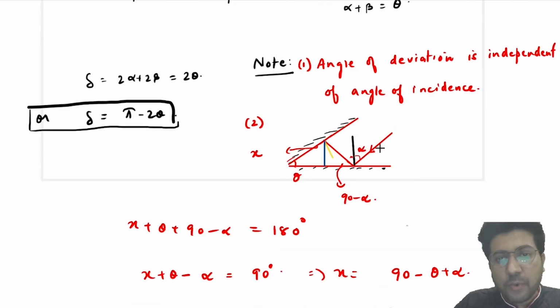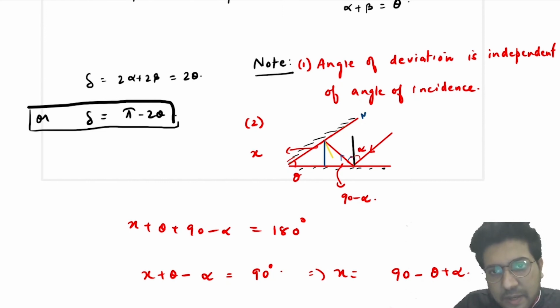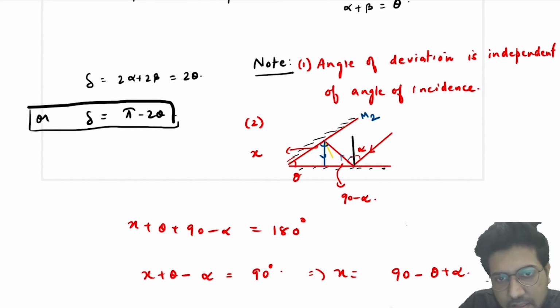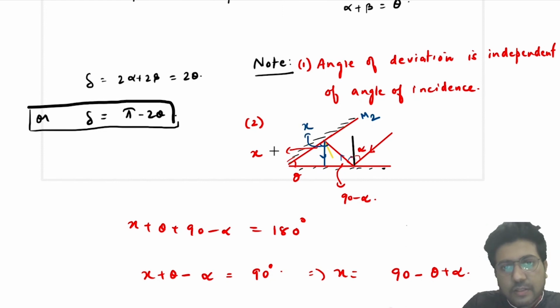Suppose that this is the incident ray at an angle alpha, this is the reflected ray. Okay, and suppose the reflection from the second mirror is in this direction, that means the normal is here. Now let us say that this whole angle from the reflected ray is x.